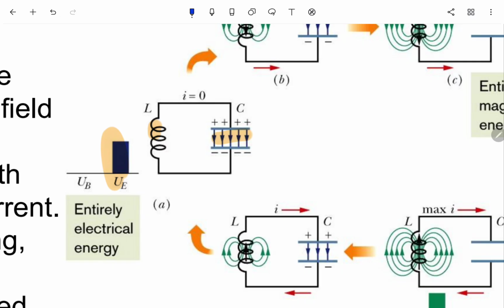This energy is half of CV squared, and the inductor's is half of Li squared. If we don't have any UB, I is zero, and there will be V across the capacitor, which means we have some pre-charge on the capacitor. So this is the initial state.